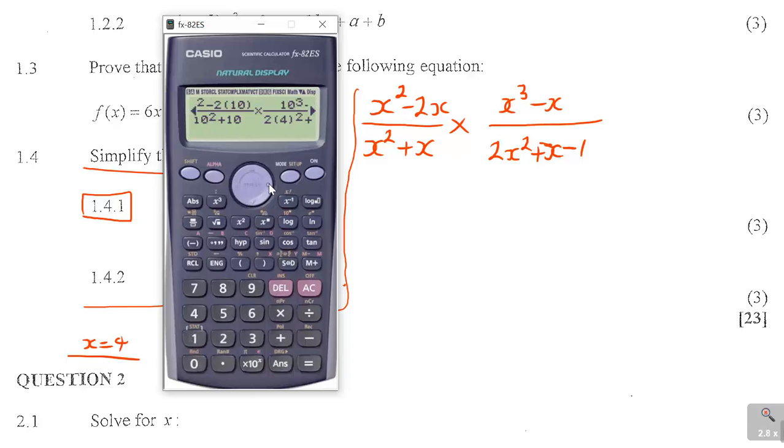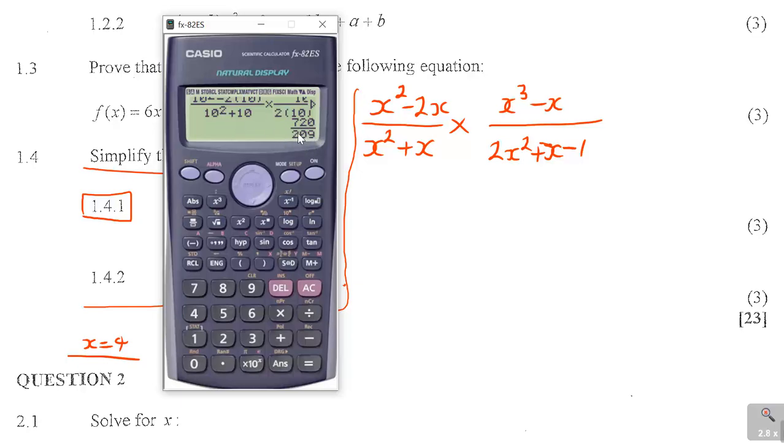Alright, I'm getting something different, but it's fine. If the number is changing, nothing is wrong. But what I need then to do is compare my first answer with the final answer. So for 10, it's 720 over 209. So my final answer, if I put the value of 10, it must also give me 720 over 209. So I'm going to write this so that I don't repeat it.